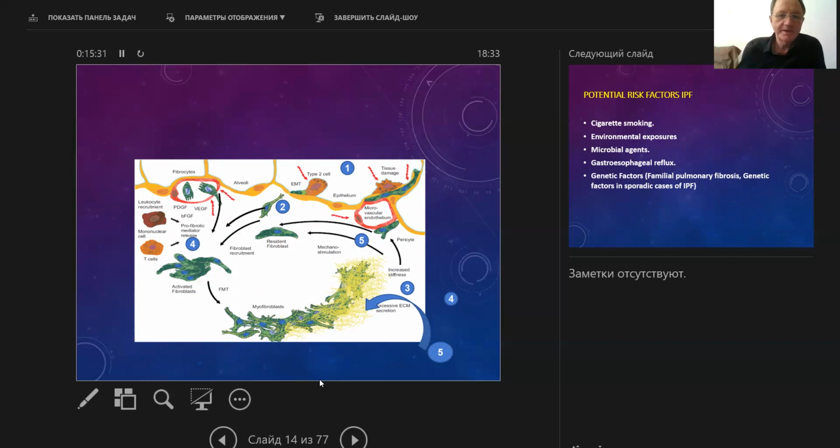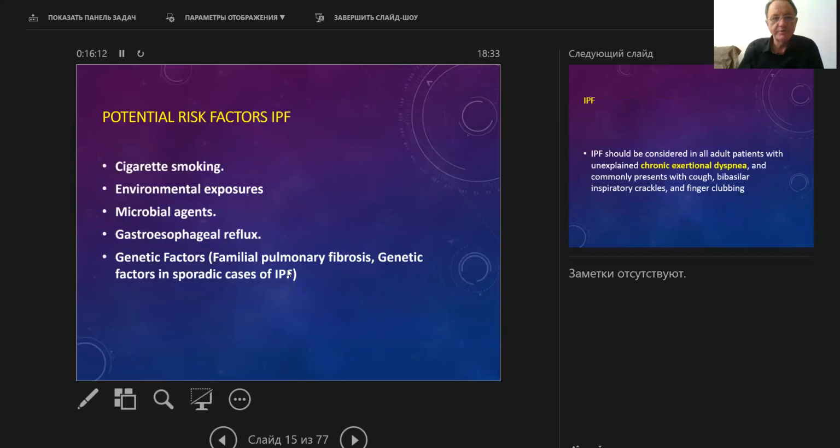But you can see transforming growth factor beta, and also growth factors for platelets, for vessels, for endothelium, which lead to formation and change of quality of the interstitial, loose connective tissue surrounding the alveoli. It leads to development of, first of all, respiratory failure and other problems.